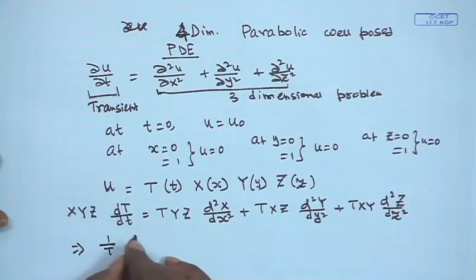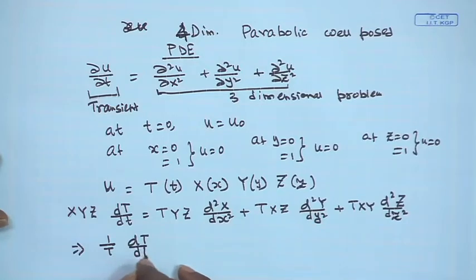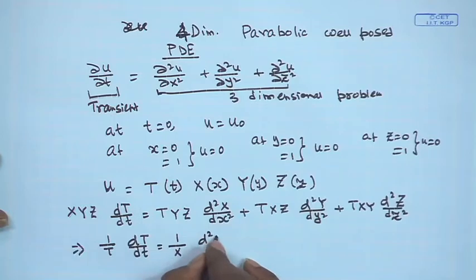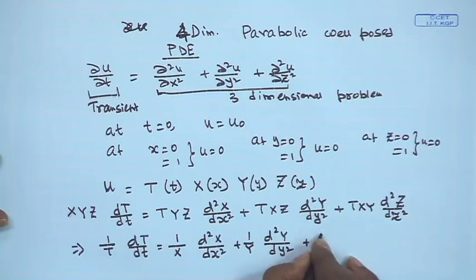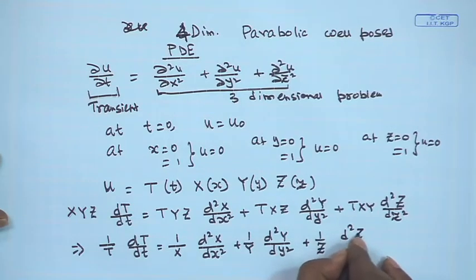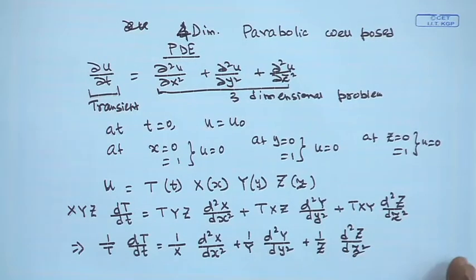Now, if we divide both sides by x y z T, we get 1 over T dT dt is equal to 1 over X d square X dx square plus 1 over Y d square Y dy square plus 1 over Z d square Z dz square.